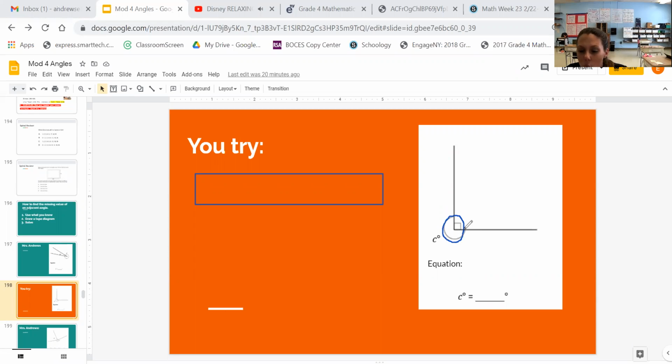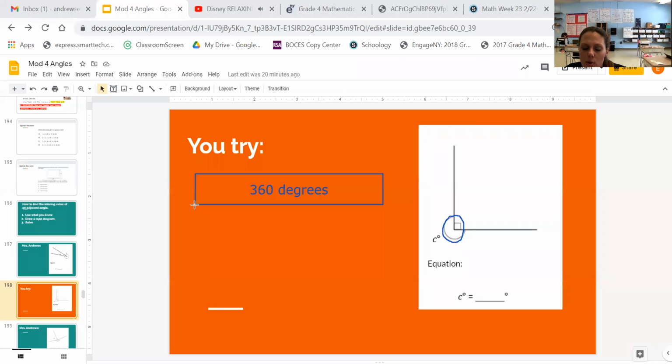So total, it creates 360 degrees. I'm going to change this so you can hopefully see it a little better. Sorry. And how many angles are we talking about? 1, 2. So we're talking about two angles.